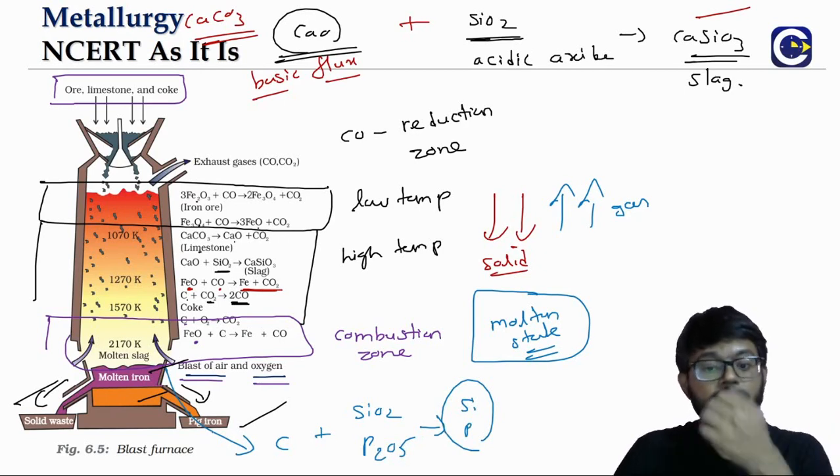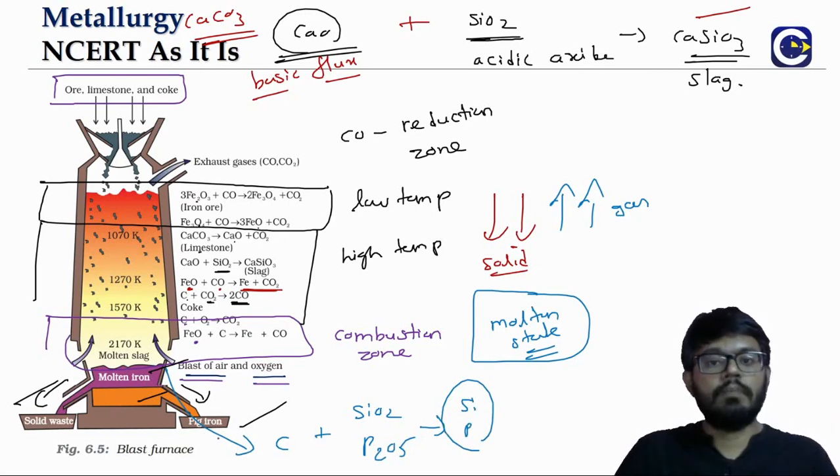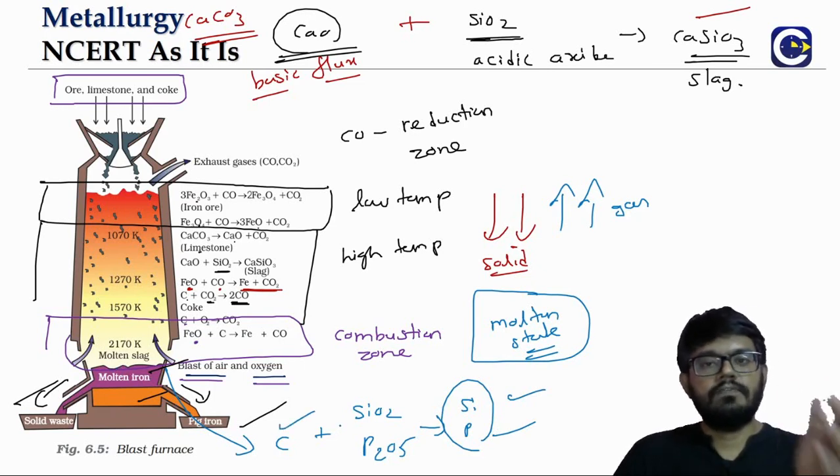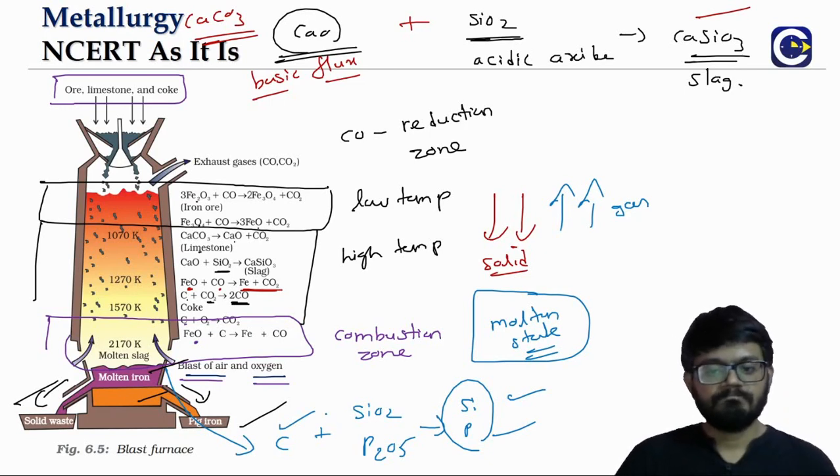In fact, they will be coming along with the iron that is formed from the blast furnace, we call it pig iron. So into it we will see that silicon, phosphorus, they will all come as an impurity. This happens at the combustion zone, near the tuyeres. At the very high temperature, coke will be able to reduce oxides of silicon and phosphorus.